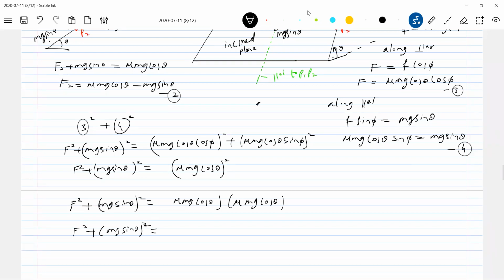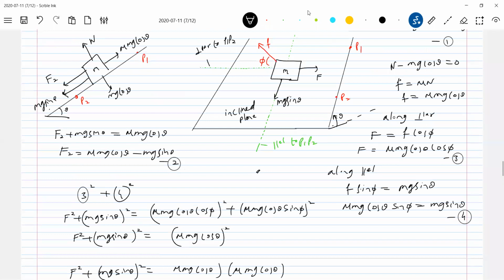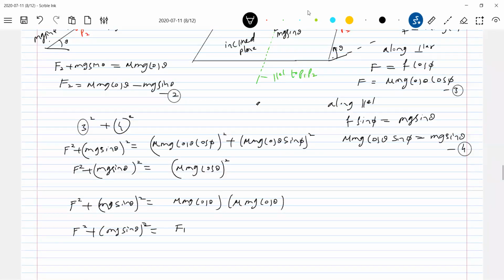From equation 1, we can write F1 minus mg sin theta. Call this equation 5, and put equation 2 in 5.